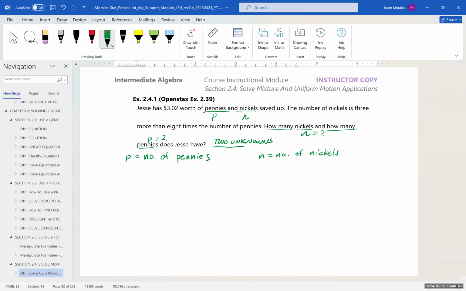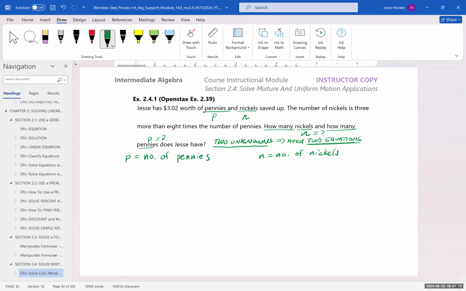And in order to find two unknowns, we're going to need two independent equations. So we're going to be striving to find that in this word problem. That's an important thing to notice right off the bat, that we have two unknowns and we're going to need two equations in order to solve for those two unknowns.